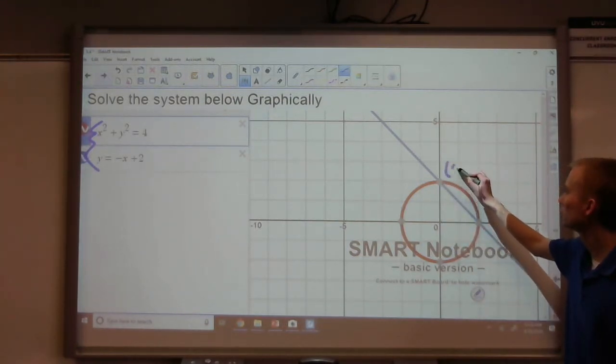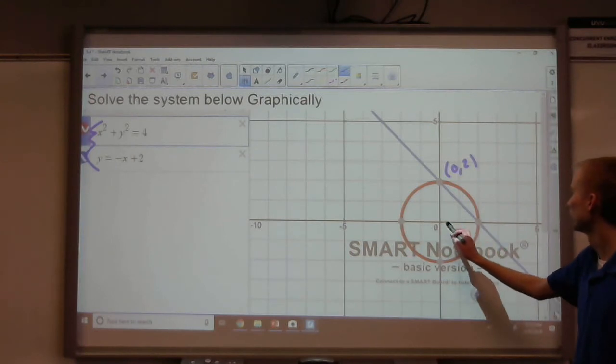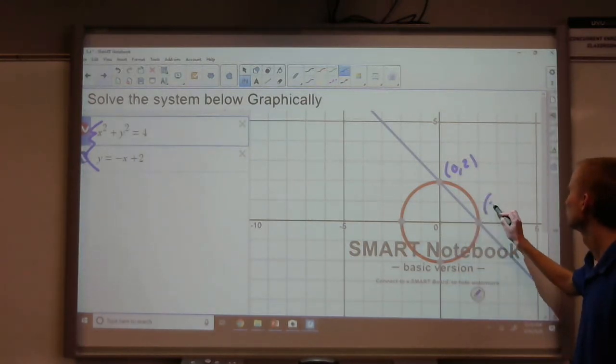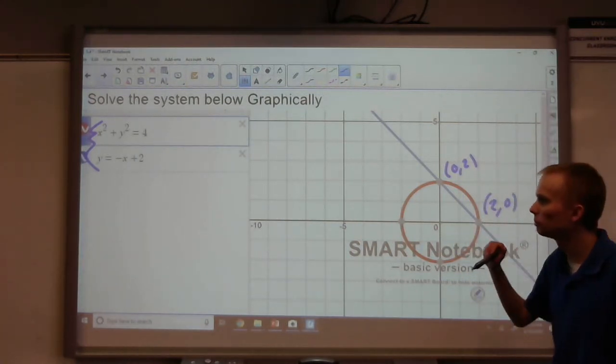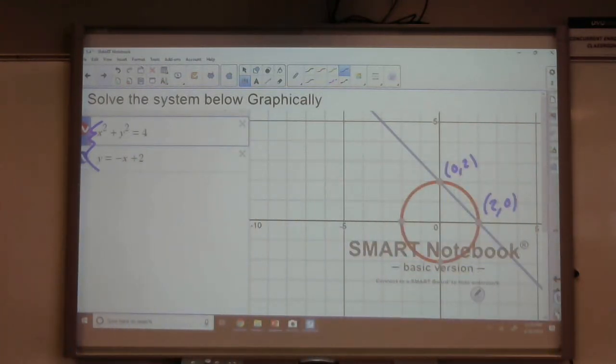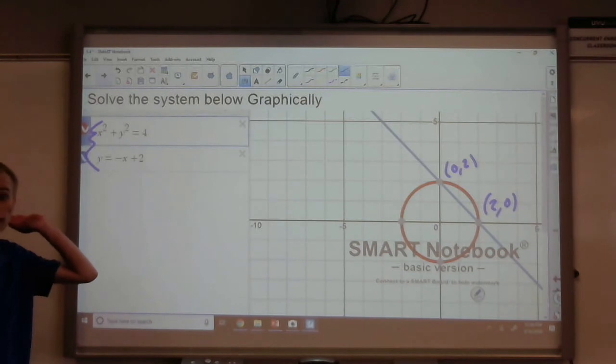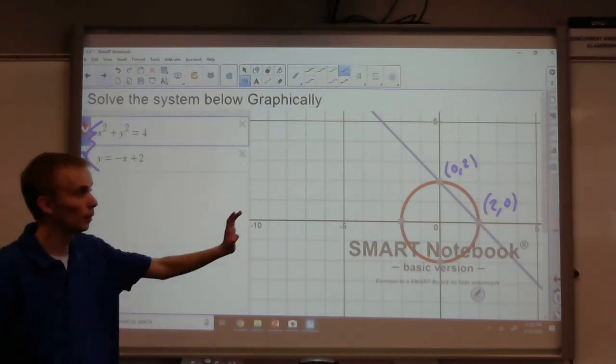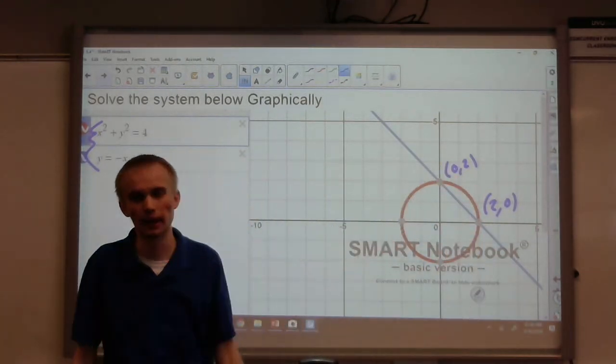This would be at 0, 2, and this one would be at 2, 0. Those would be our solutions for this system if they gave it to us graphically. Now this system is different than the one we just solved together, so that's why the answers are different.